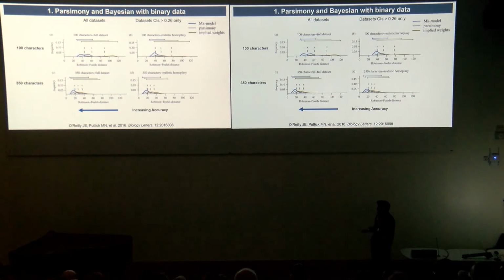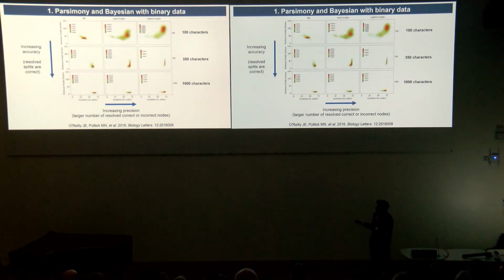So it seems that overall Bayesian is capturing higher accuracy, and this is due mainly to it not over-resolving the tree. Bayesian trees tend to have fewer nodes than the two parsimony methods. On this top row, it goes Bayesian, equal weights parsimony, implied weights parsimony. On the x-axis, we've got increasing precision, so this is more nodes.